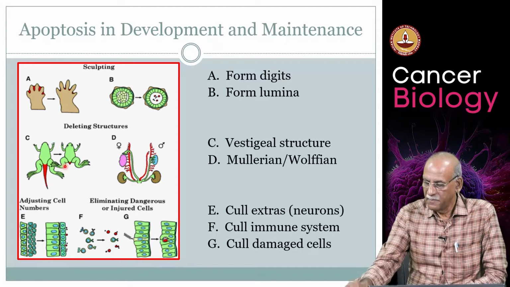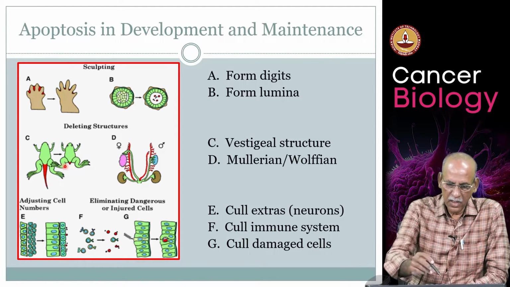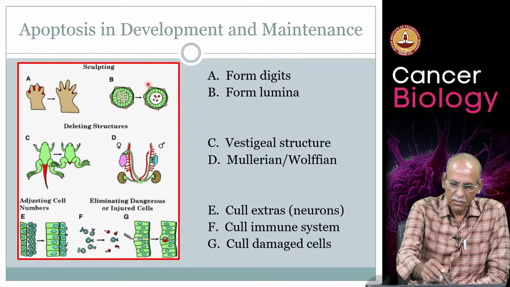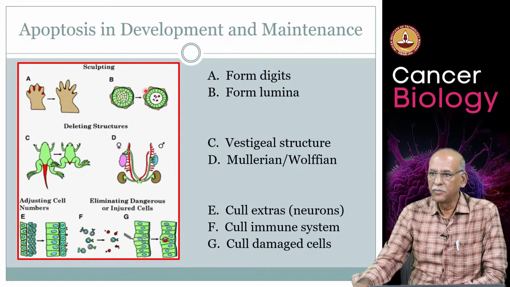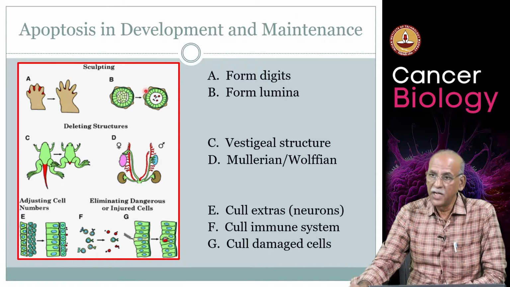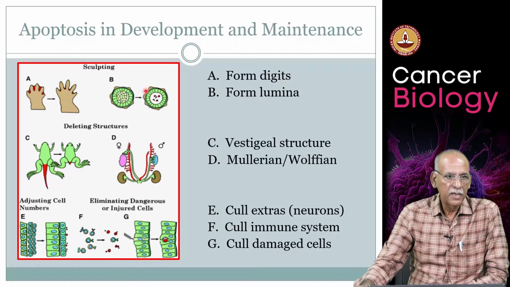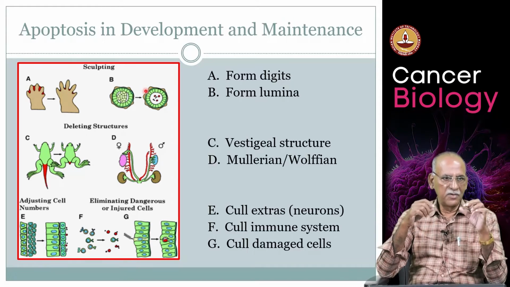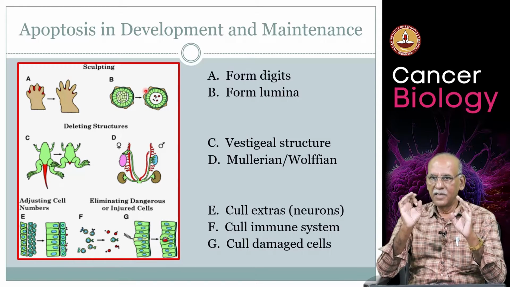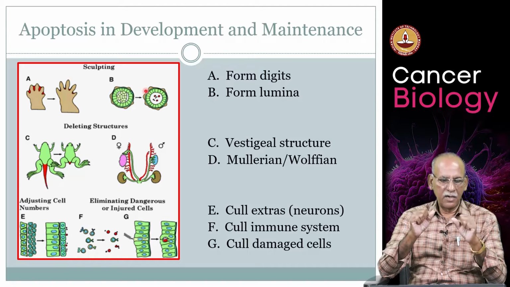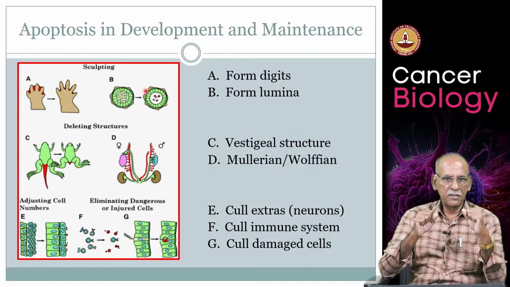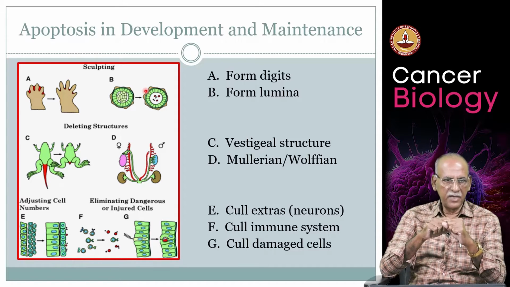Not only that, during our own colon formation, colon is a tube like structure. Initially during development, it develops like a rod. You know the difference between rod and tube, right? Rod is just a solid stuff. In between there is nothing, it is hard stuff, right?